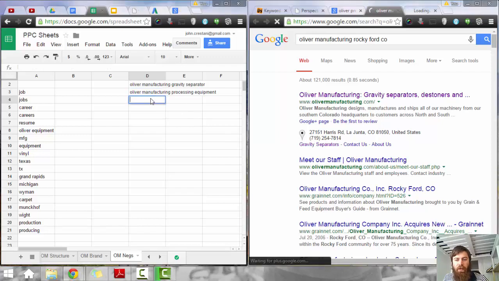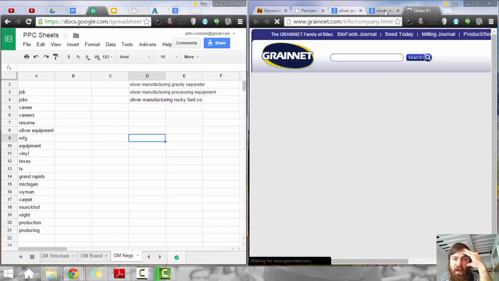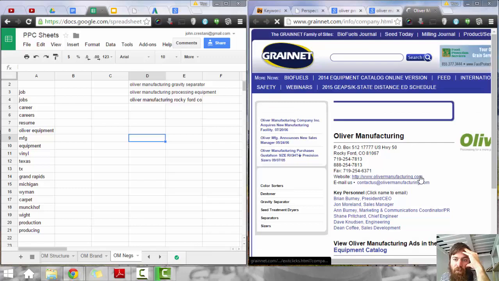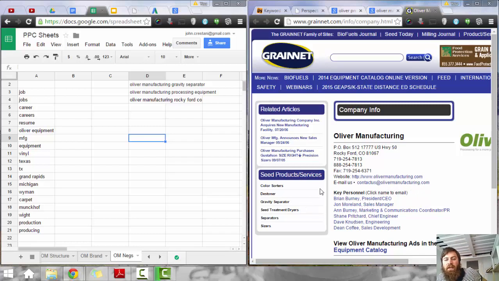Grain and Feed Equipment Buyer's Guide. So let's look at this. Grain Net, Oliver Manufacturing. We're seeing it's the same website, olivermanufacturing.com, but maybe they used to be based in Rocky Ford, Colorado.